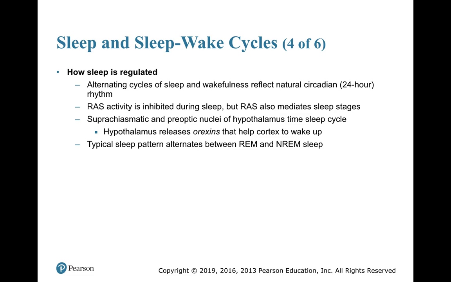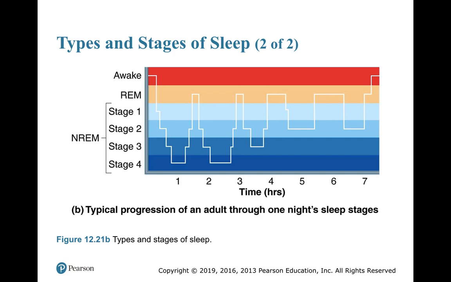Hypothalamus releases proteins called orexins that help the cortex to wake up, and a typical sleep pattern alternates between REM and non-REM sleep. So here is awake, go REM, down to stage 4, and you start back up and cycle, getting a little less as you go, till about 7 hours, typically you wake up.